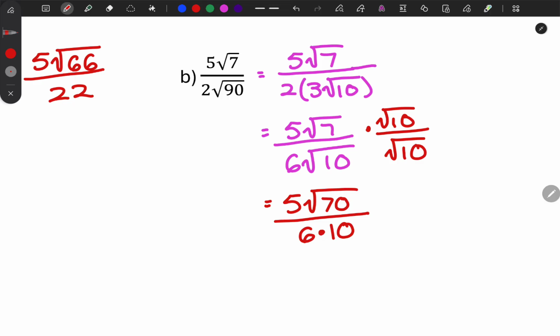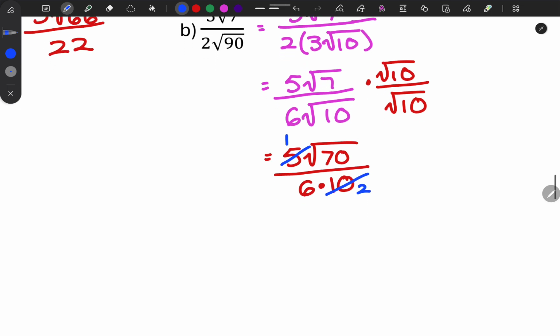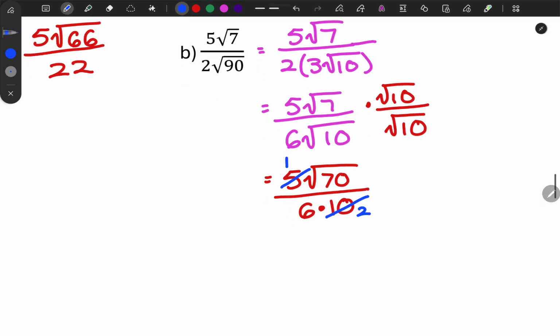And then we look at, is there anything we can reduce? I am noticing that 5 and 10, so why don't we do that right now? This will become a 1, this will become a 2. Notice we only have one term in the numerator, so we are only dividing out of the one term for each. That leaves us with root 70 over 6 times 2, 12.